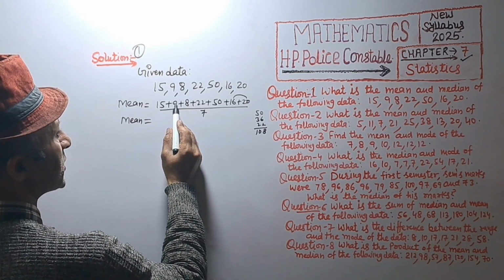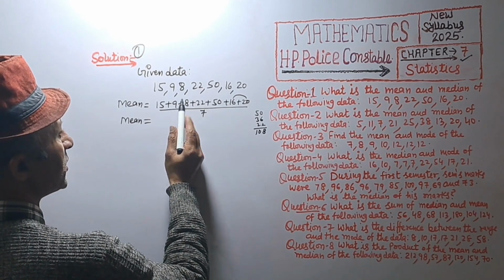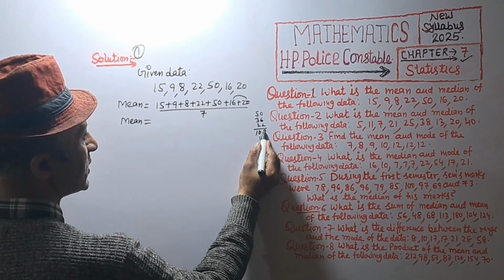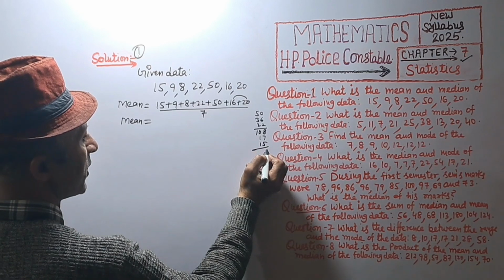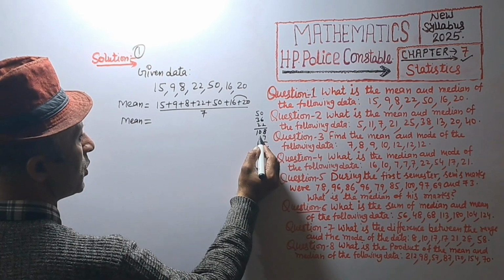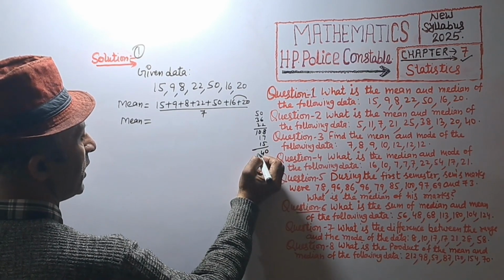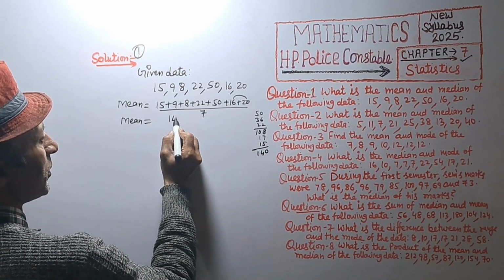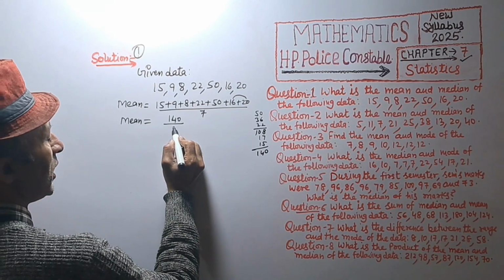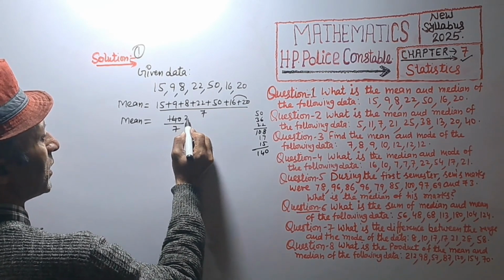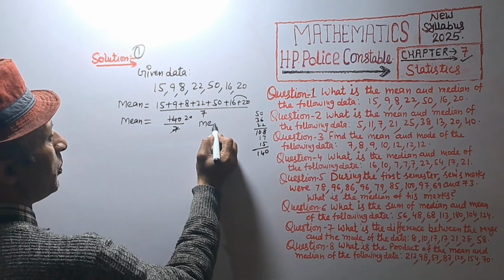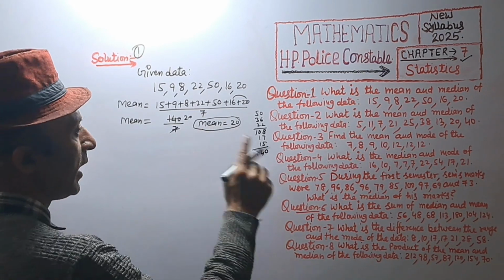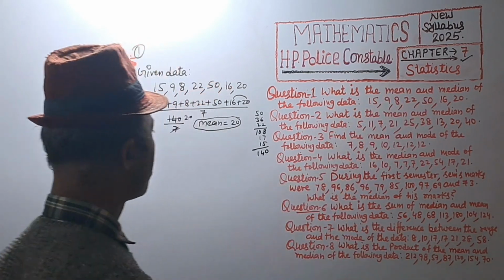And 8 plus 9 is equal to 17 plus 15, that is 8 plus 7, 15 plus 5, 20, 2 carry, 3, 4 and 1. So the total sum is equal to 140 divided by 7. That is 20. So we get mean 20, and median.